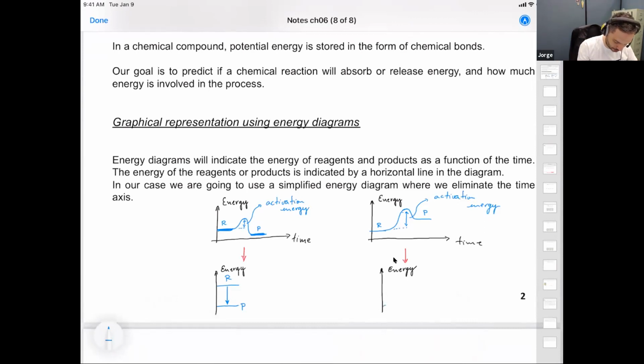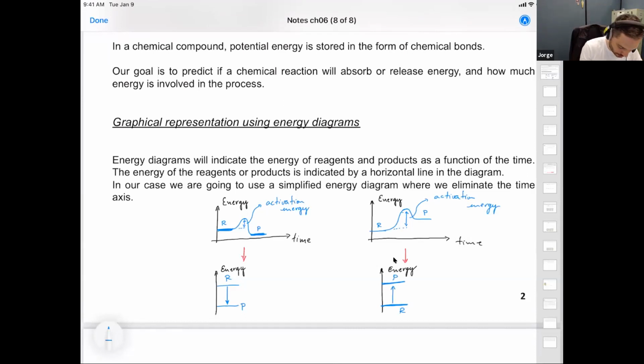So let's represent, again, energy of the reagents by a horizontal line, and the energy of the products, another horizontal line, and the arrow will indicate the direction of the reaction.